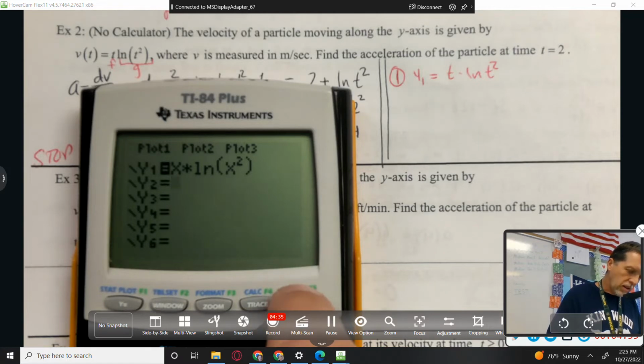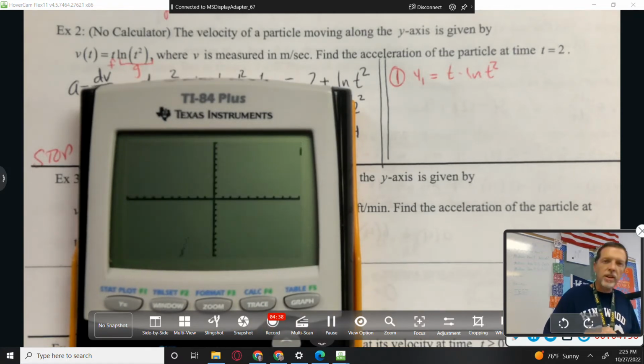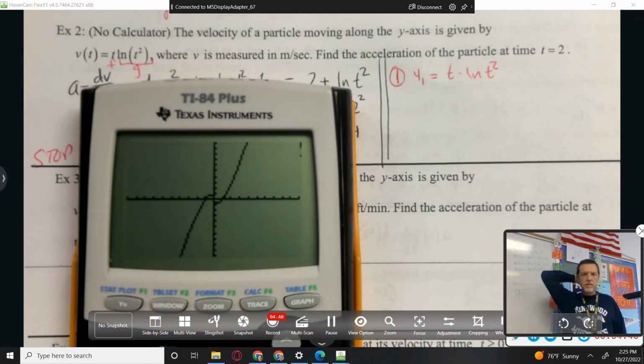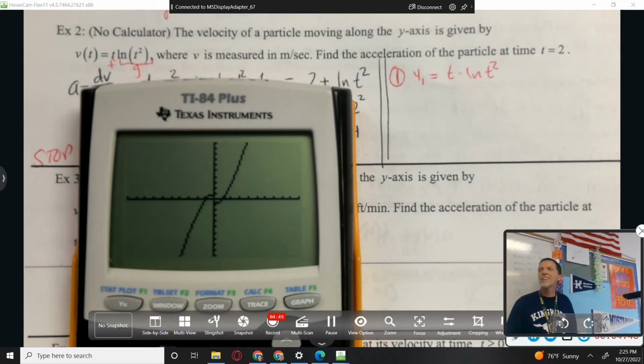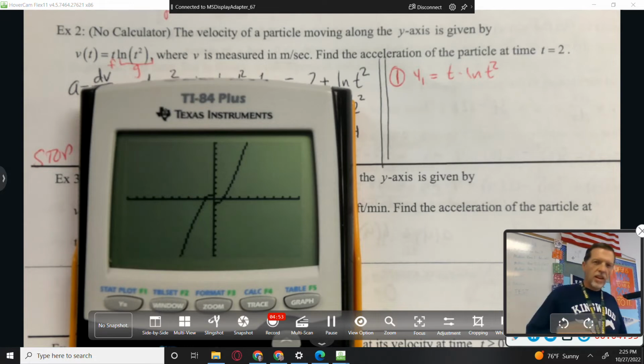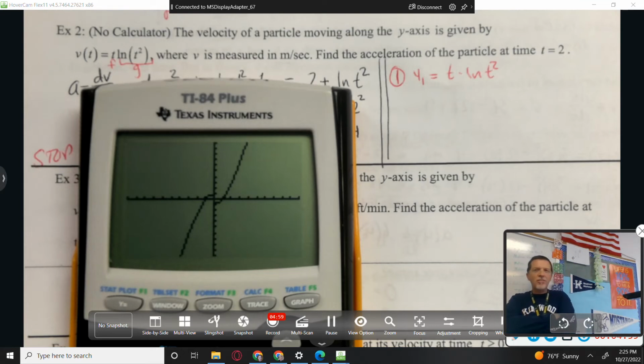Ooh, that's a cute little graph. Is it dead? Nick has a dead one. Do you want him to leave it somewhere special? Just don't, Nick, don't put it back in the case. Set it on the side somewhere. Go set it on your desk. Let's see. Okay, has everybody got that far? So I've graphed it. I can't find LN. Bottom left. I know. Not bottom left, but third from the bottom left.